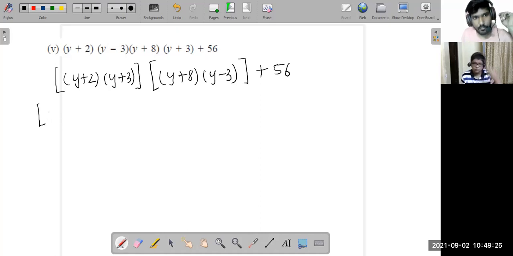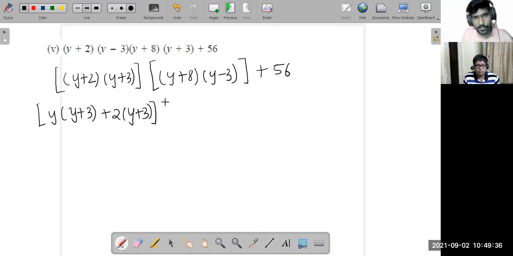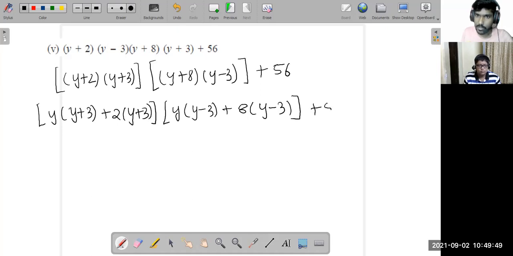So y into y plus 3 plus 2 into y plus 3. y into y minus 3 plus 8 into y minus 3. Close the bracket, last term plus 56 as it is. Got it?